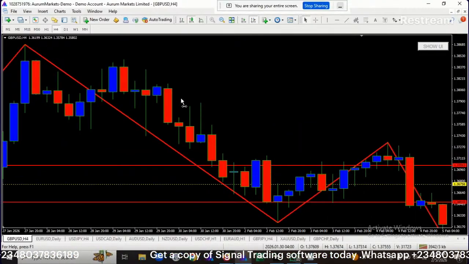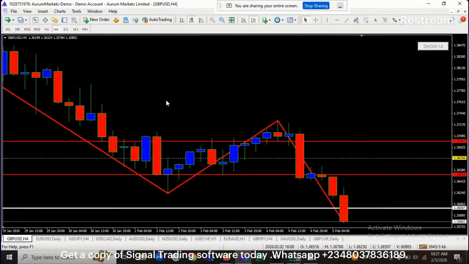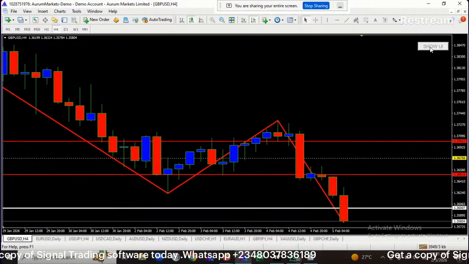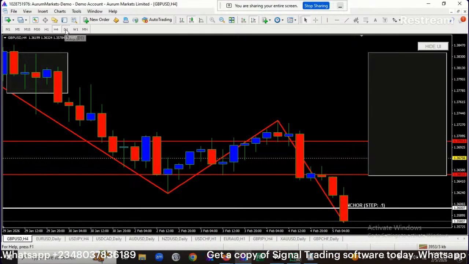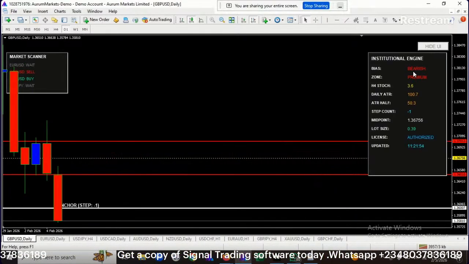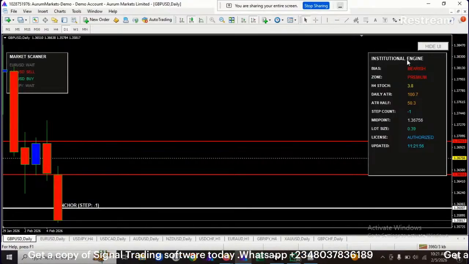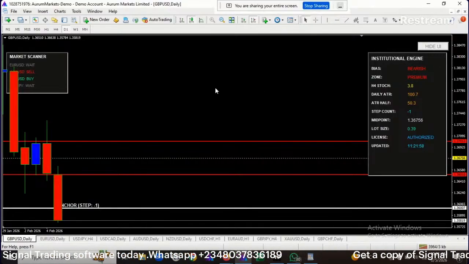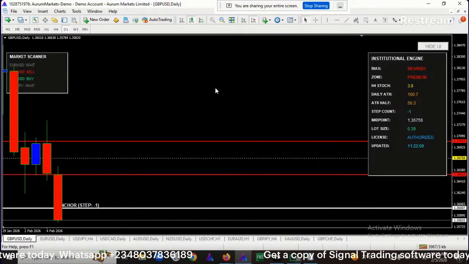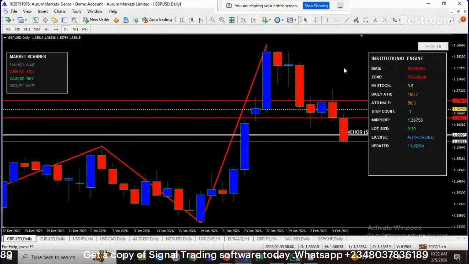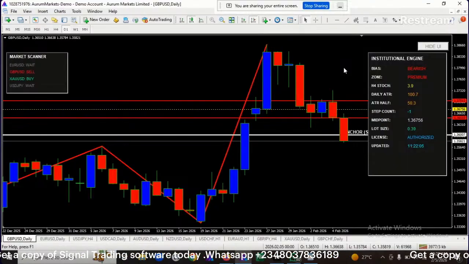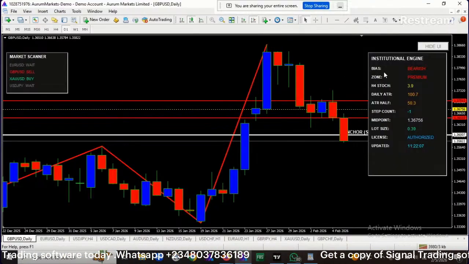I'm so excited because right now GBP USD is paying me. I'm so happy right now. You can see bearish premium. If you have this software and you didn't take this trade on GU, I've been telling you since Monday, wait for this bias to change to bearish before you sell.